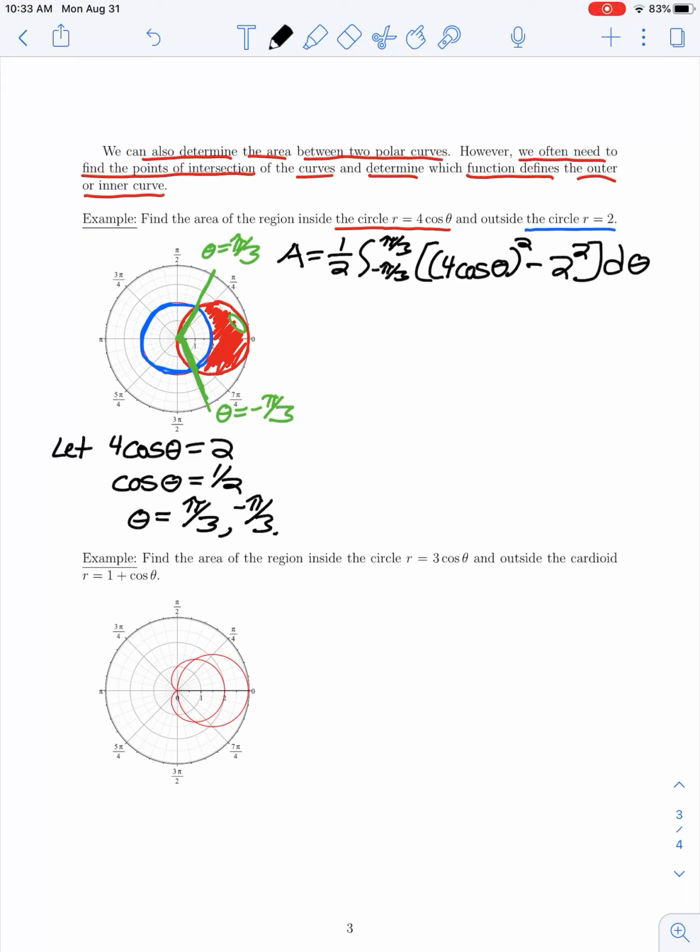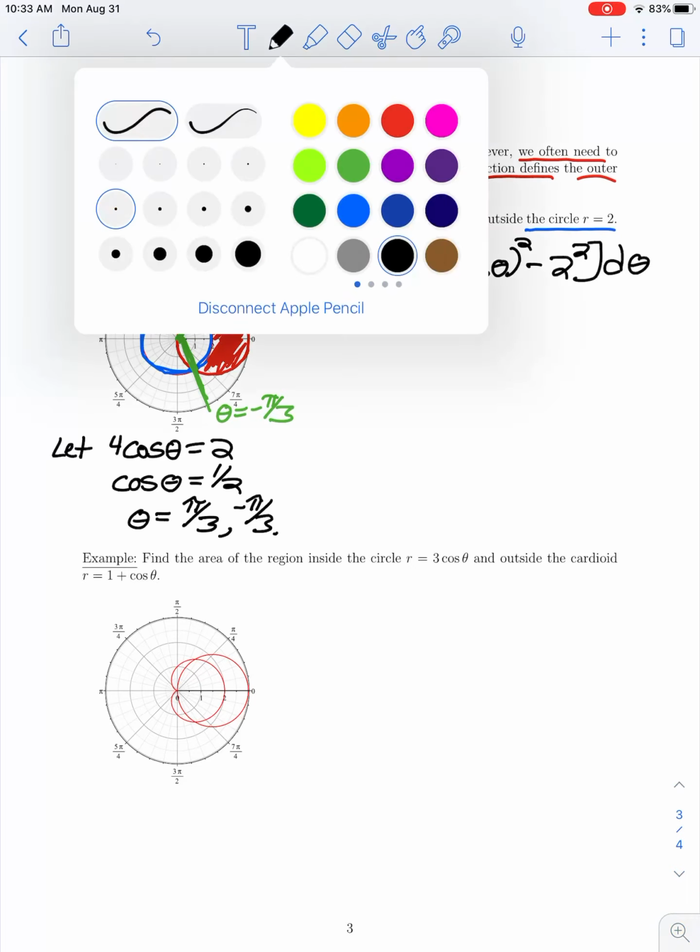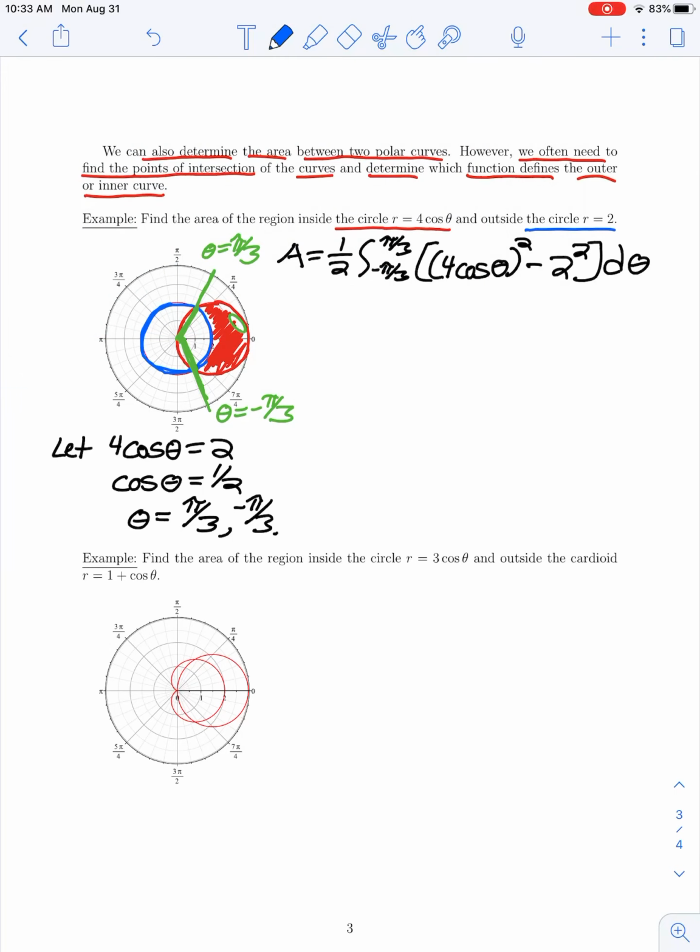Now, in order to make our work a little bit easier, we can make use of the symmetry of this region. In particular, if I were to find the area of the upper half of this crescent shape, that is from theta equals 0 up to pi over 3, I could then double that value to get the area that I'm interested in.